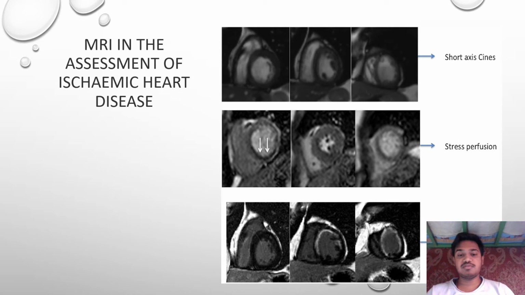This is the MRI of an ischemic heart, ma'am. There are different names: the short axis, the perfusion, and we can see in ischemia, ma'am, there is less supply of blood to different organs. Because of that, ma'am, the causes are mainly the blockage of the vessels, where the blood supply is not getting enough blood or oxygen.